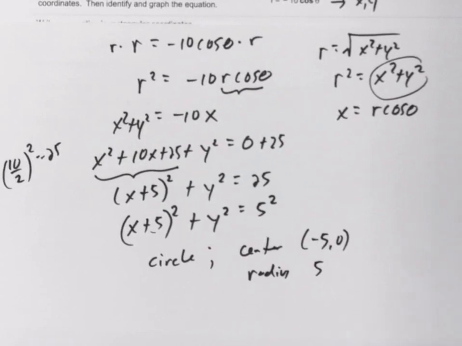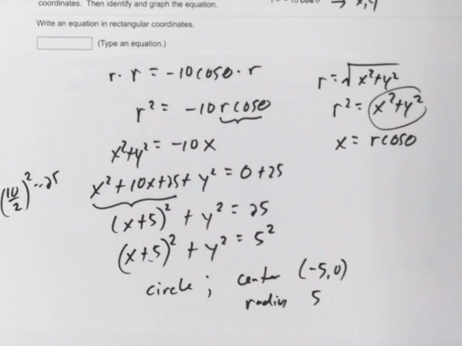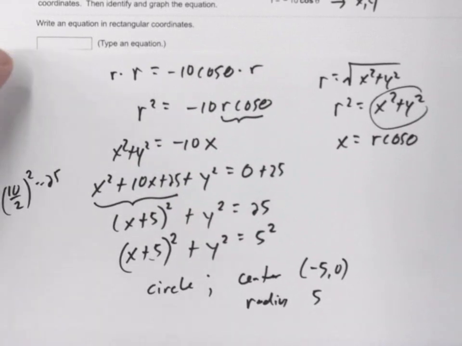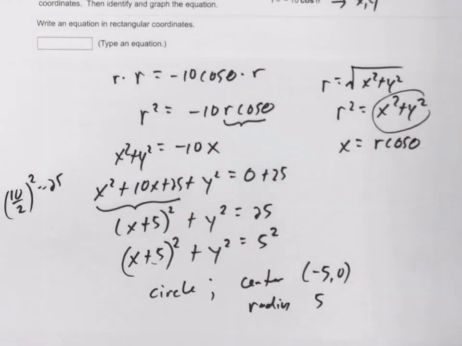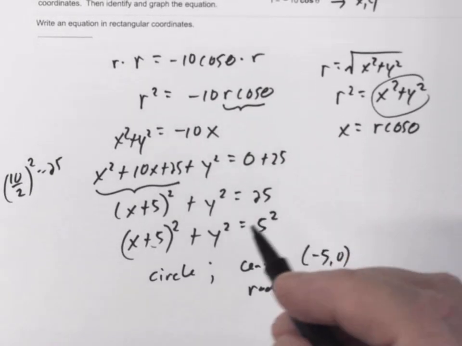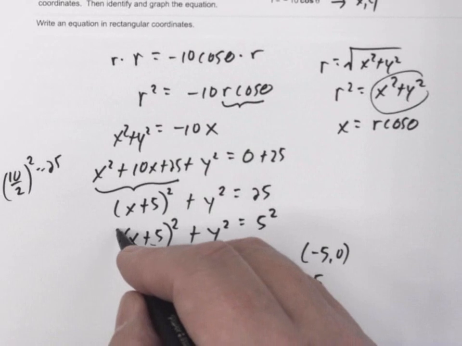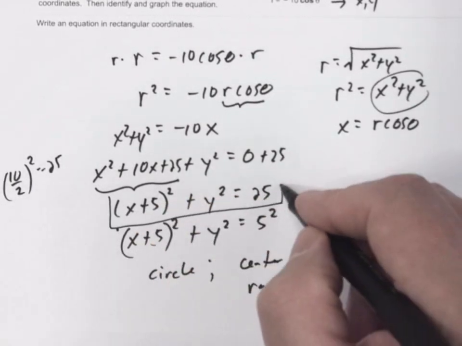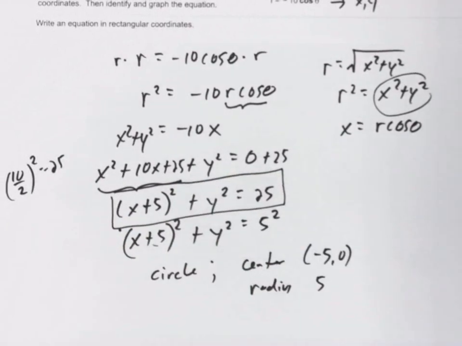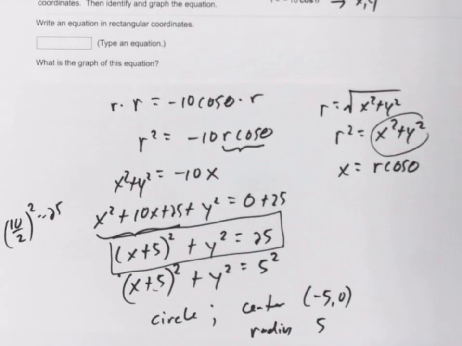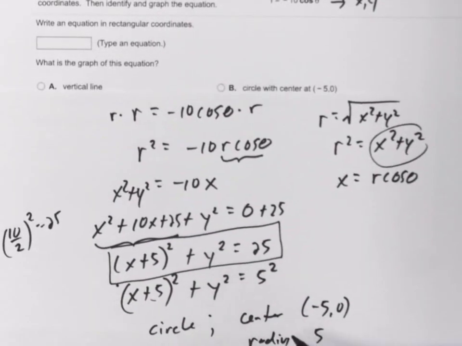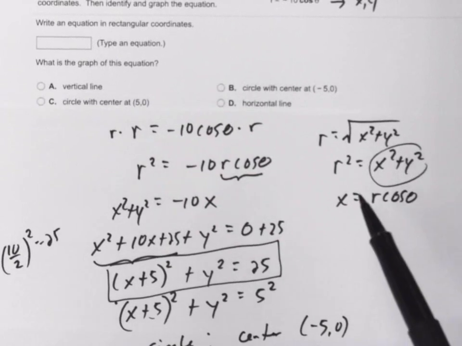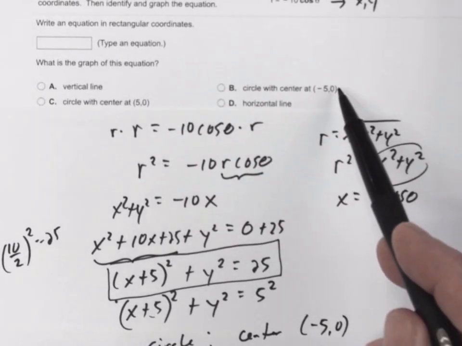So when you look at the answers, the equation you're going to type here is this right here. That's the equation. And they ask, what is it? And like I said, it's going to be a circle with the center at -5, 0.